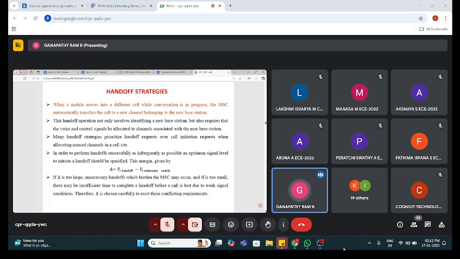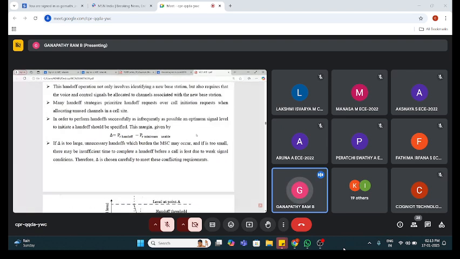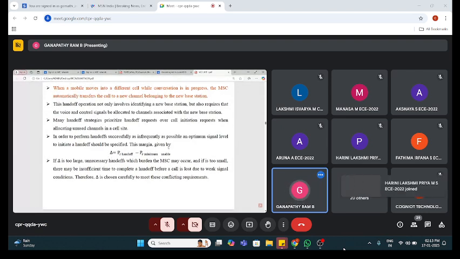So as the distance increases, the power is reduced by the square of the distance, and at a particular point the power will be completely dropped off, so that the call may be terminated. In order to overcome this, the handoff strategy is introduced. This expression will give you a threshold value where the handoff has to be initiated.